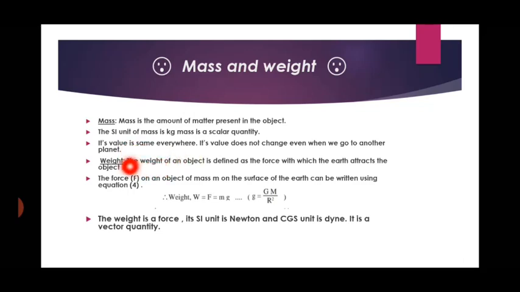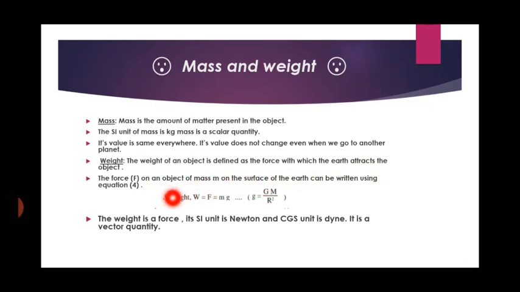Now come to the next part, that is weight. So how to define the weight? The weight of an object is defined as the force with which the earth attracts the object. So this is the definition of weight. Now the force F on an object of mass m on the surface of the earth can be written using the equation.